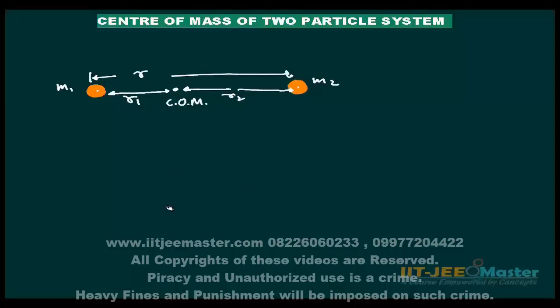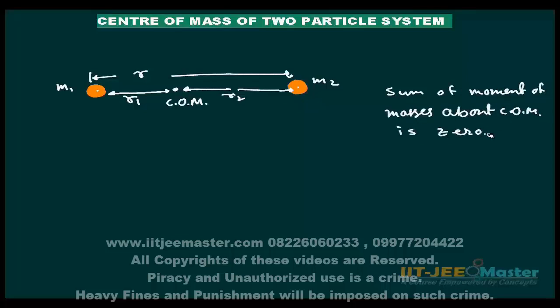What is the property of the center of mass? Before finding the center of mass, we should write one property that is very good, but we cannot use it here. That is, the sum of moments of masses about the center of mass is 0.